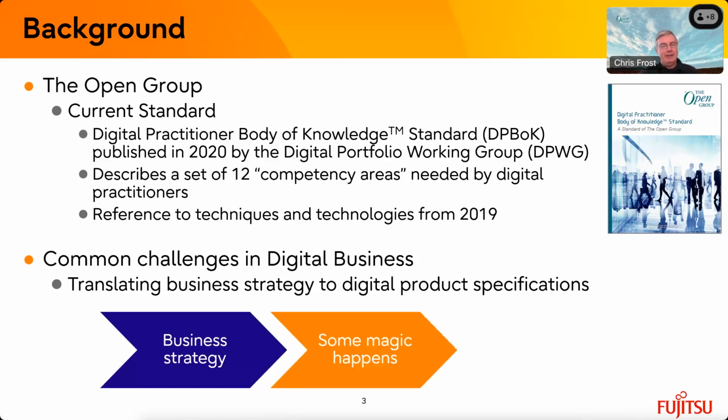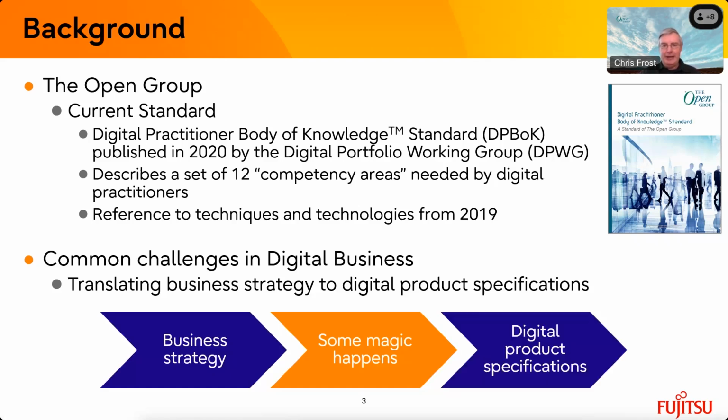Then something happens that seems a little bit magical, a little bit mystical, to finally end up with digital product specifications. And it's that piece in the middle that's quite interesting and isn't so well described and talked about in a lot of material.